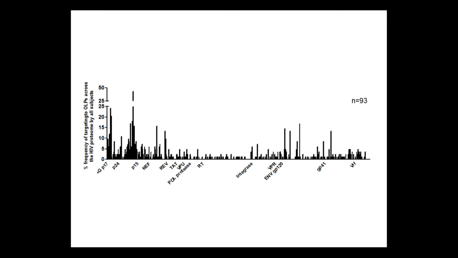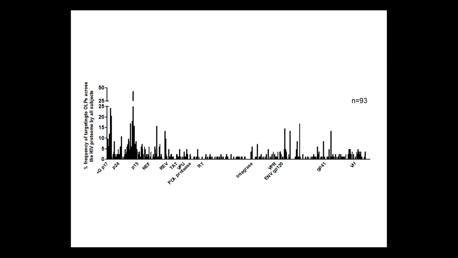Here in these almost 100 individuals, we see that there's this clustering here in the GAG region, there are NEF responses, and then we have a second cluster here in envelope. Here we look cross-sectionally by the level of control, so how well the patient can control HIV viremia.